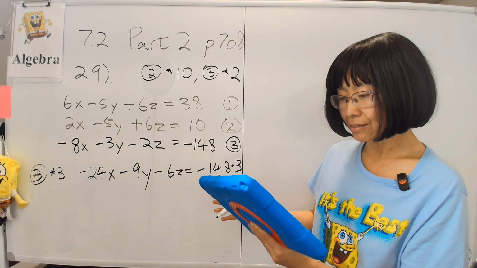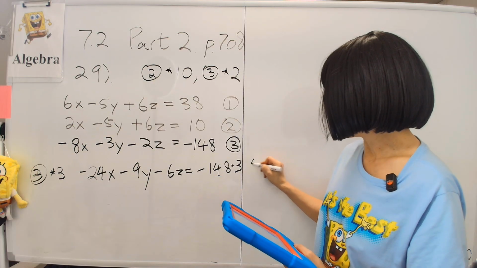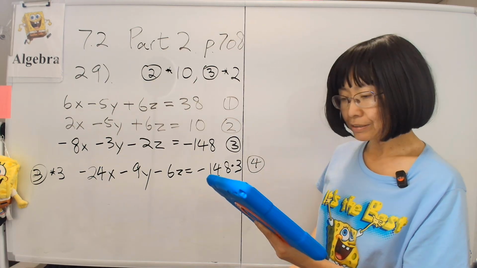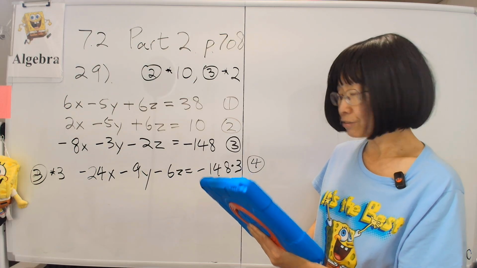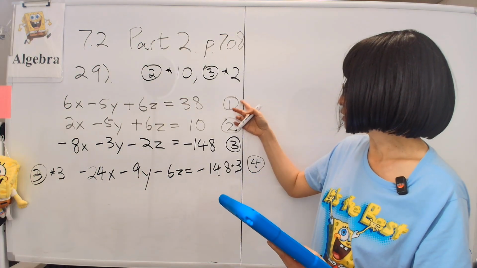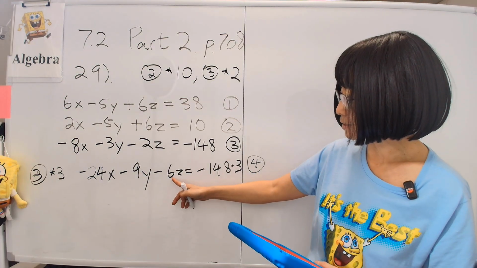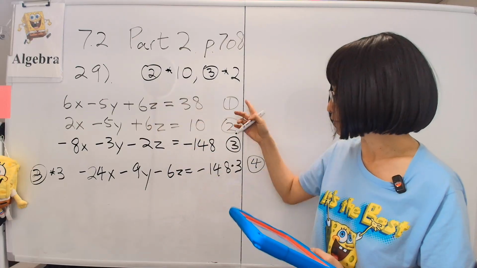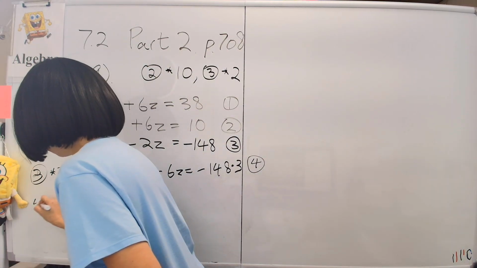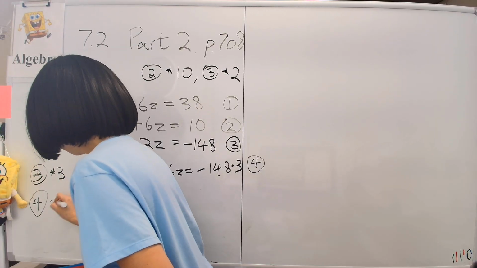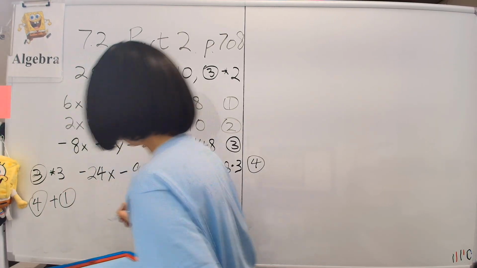And the next thing is that we'll call this equation 4, and we will add equation 4 to equation 1. The reason is because I have a minus 6 here and a plus 6 here, so those will take care of themselves. So the next step, we'll do equation 4 plus equation 1.